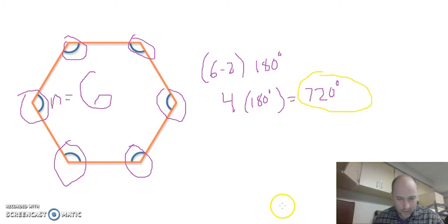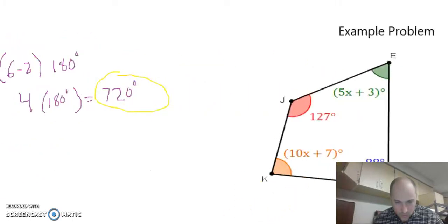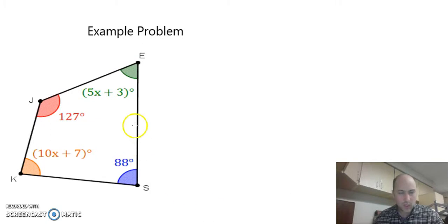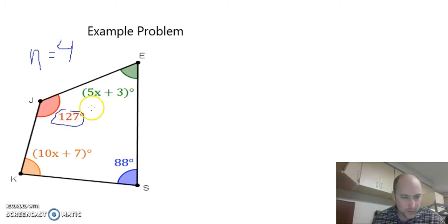Let's do a quick example problem. Here's the problem. How many sides do we have? n equals 4. There are 4 sides to this thing, so we can add up all of these angles. I'm going to start with 127 degrees and work this way.